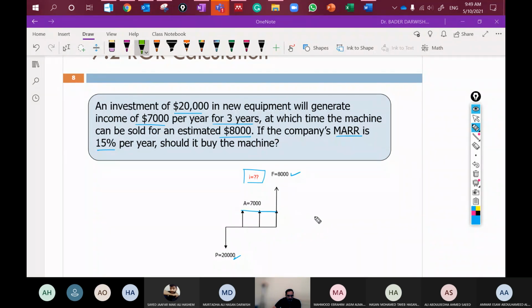Guys, if we're going to write it, it should be 0 equals minus 20,000, and then I'm going to have positive 7,000.